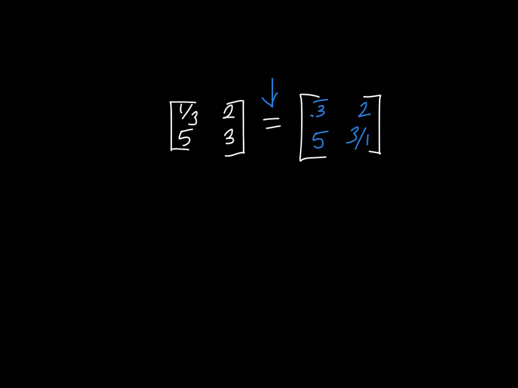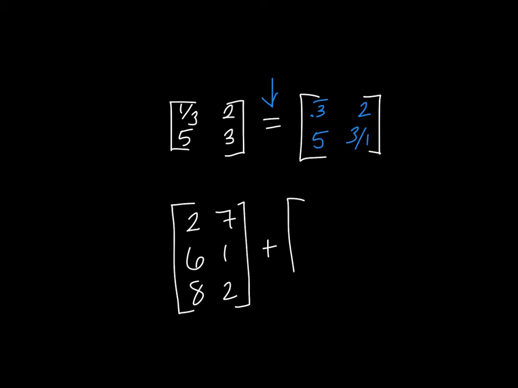And if you're adding or subtracting, yeah, I'm doing a good job with the ums, aren't I? Okay, if you're adding or subtracting, you just do that with the entries in the same spot of the 2 matrices. Okay, so here I have 2 matrices. I'm going to add them together. If you're subtracting, it's the same idea.